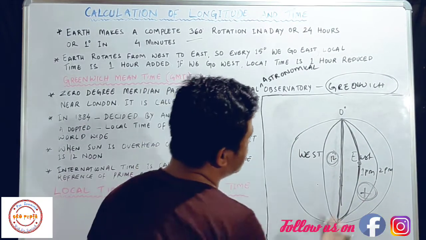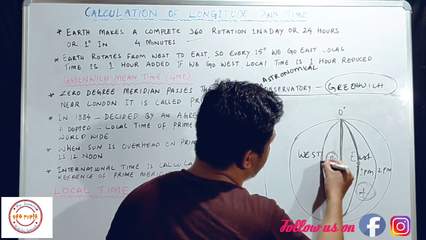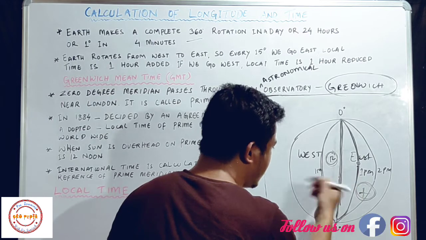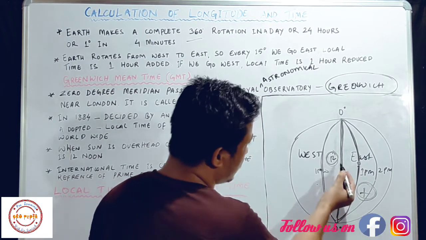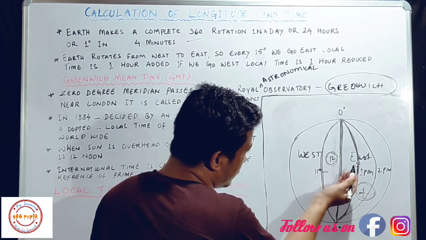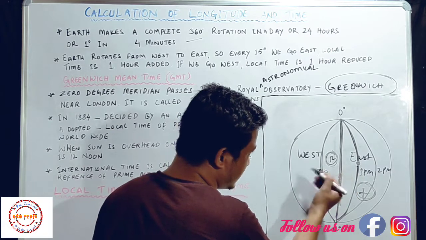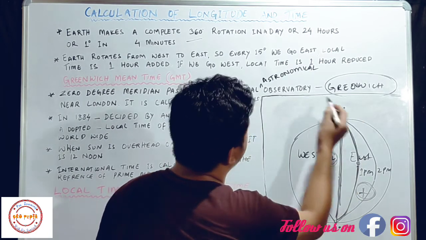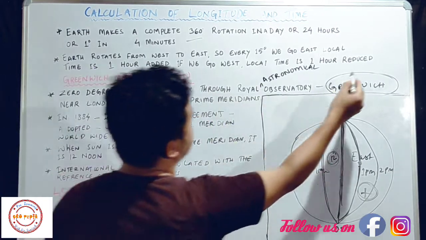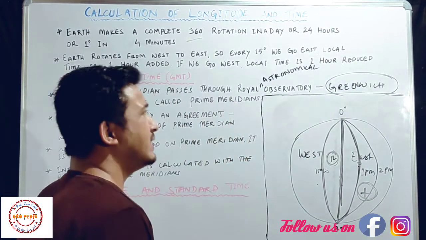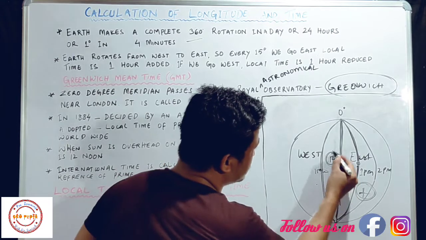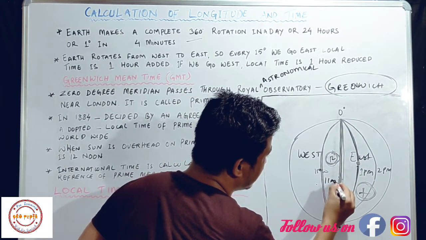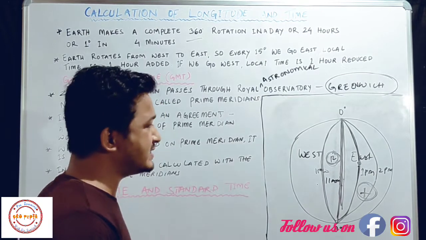Okay, remember, if you go towards the east from the prime meridian, then time will be plus. Now suppose let us take one longitude. This is 15 degree here, 15 degree, that is west. So if you come to the western side, then 1 hour will be reduced. Okay, 1 hour will be reduced. So if it is 12 noon here in prime meridian, then here it will be 11 a.m. Very easy concept.